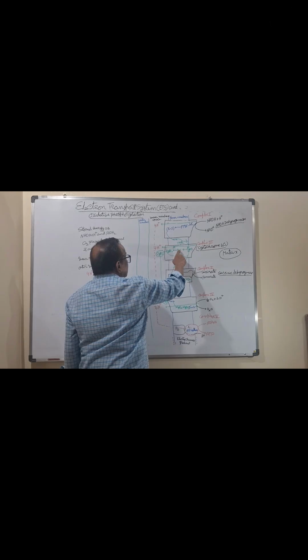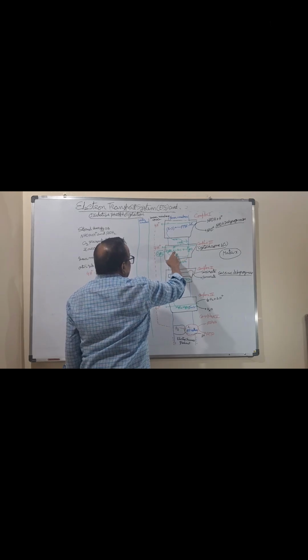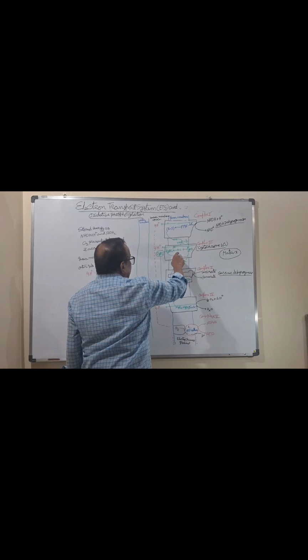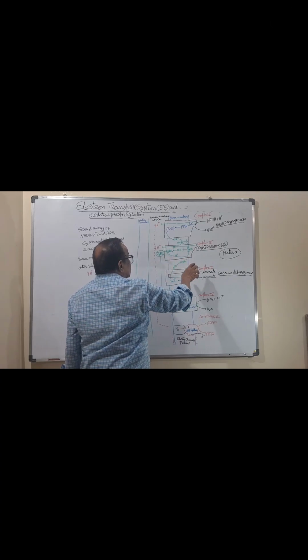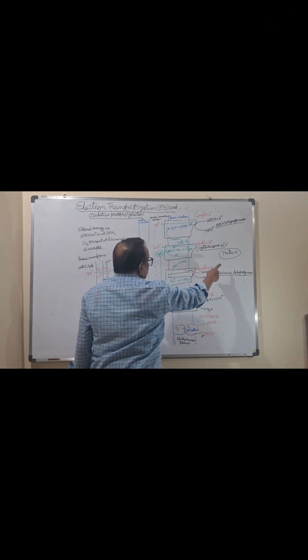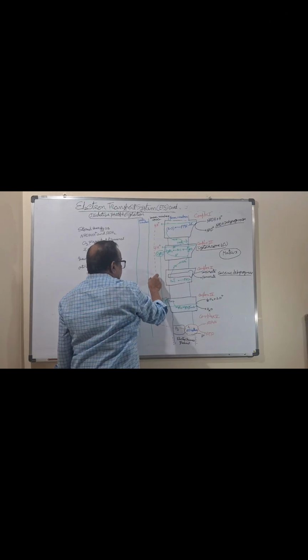Iron sulfur complex will receive the electrons and then the electrons will be sent to the cytochrome C1. So when the electrons are passing from cytochrome B to iron sulfur complex to cytochrome C1, their energy will be used for the pumping of the protons from the matrix to the inner membranal space.